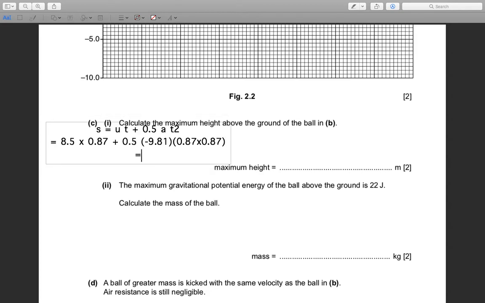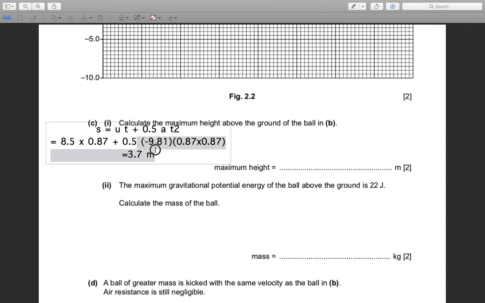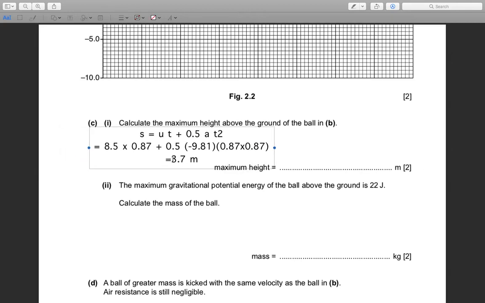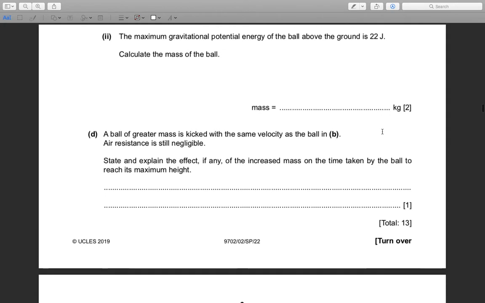Then if we calculate, times 3.7, yes, 3.7 meters. Finally we get the answer, around 3.7 meters, the maximum height when the ball is at the maximum height point. Okay.